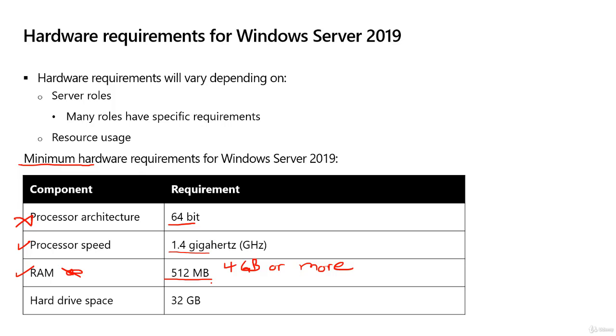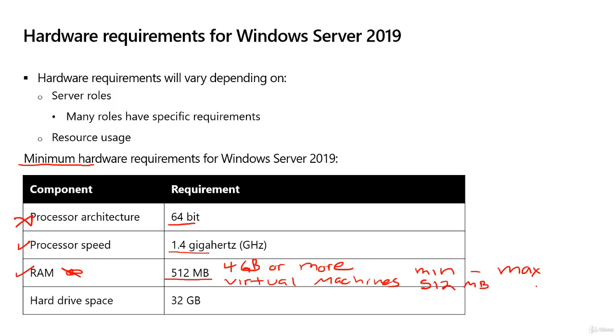Now, the reason that 512 number is important, we look at virtualization a little more in the course, but when I start building virtual machines, with virtual machines, you define a minimum and a maximum amount of memory that a virtual machine can use. The minimum amount of RAM that a virtual machine uses is actually 512 megabytes.